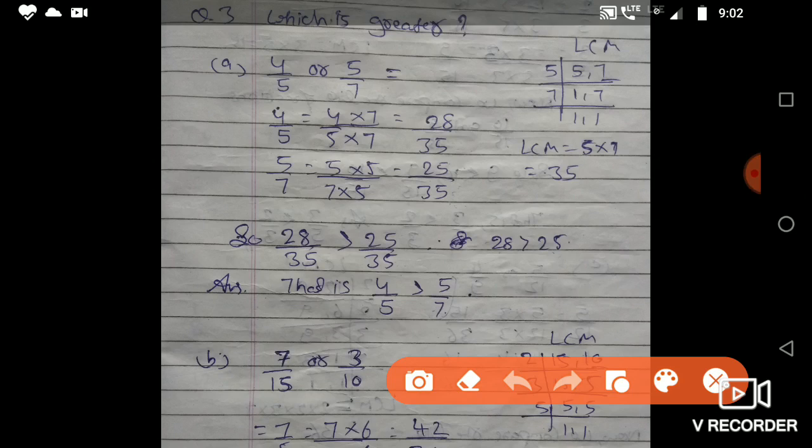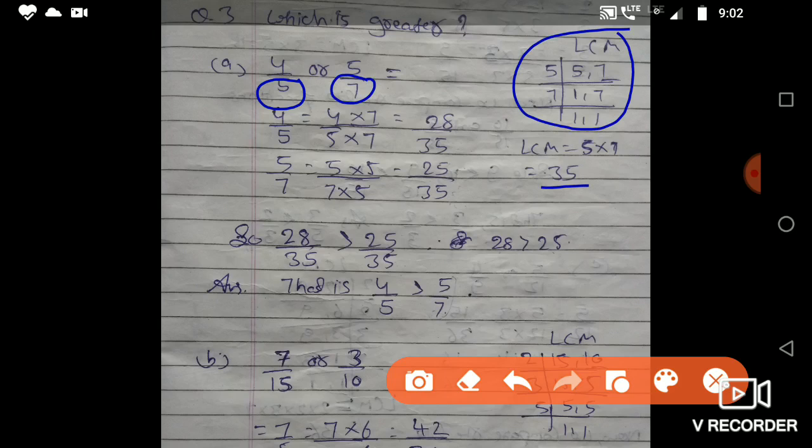Question number 3: what is greater? In this question we follow a new method in this chapter on fractions. Here you can see both fractions are not like fractions. The denominators are different in both fractions, so first we find the LCM of the denominators.